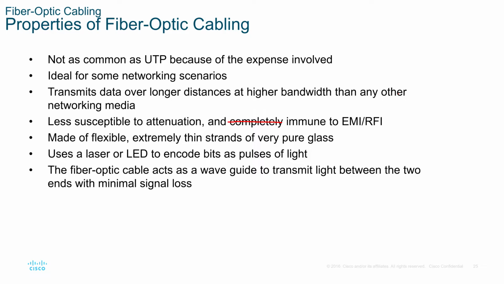But it has recently been shown if we put light through a very high intensity magnetic field, we can bend light. So that statement for the home networking and the environment that we normally run fiber optic cabling, yes, it is completely immune. But it is a false statement because we can bend light.